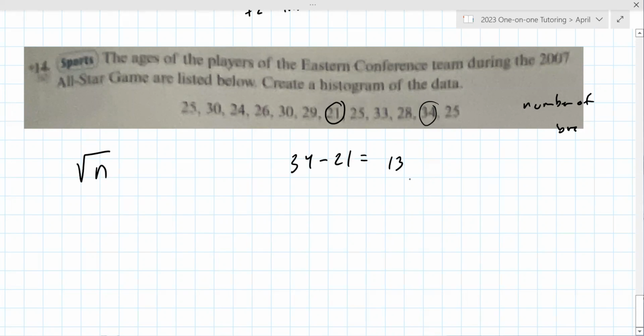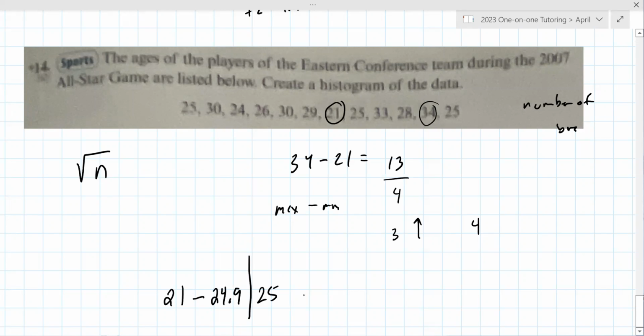Sorry. So the way to do it correctly is you take the max minus the min and you divide by the number of bins, which we'll say is 4 this time. So that's 3, and then you round up, so we'll go to 4, a width of 4. You start with your smallest number, 21, and that's going to go to 24.9.